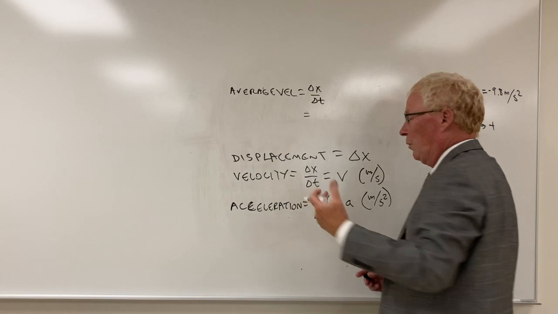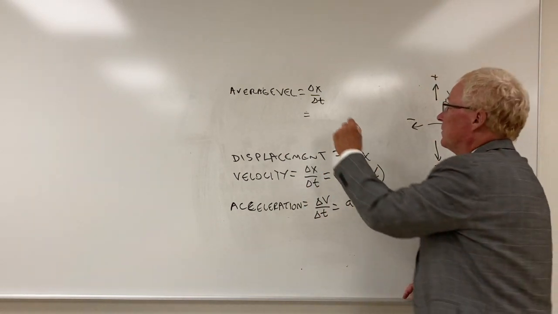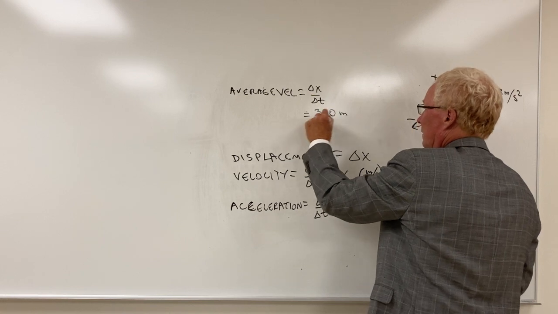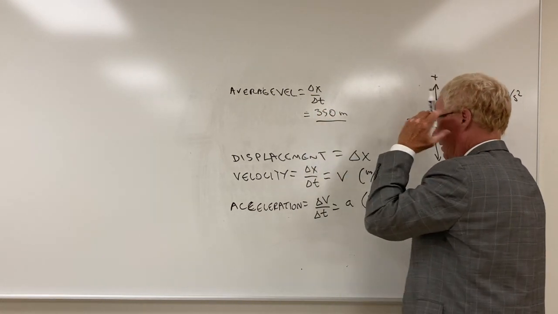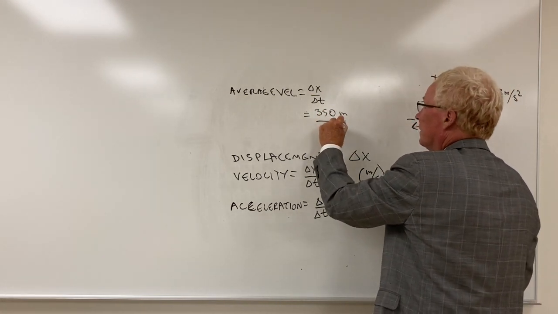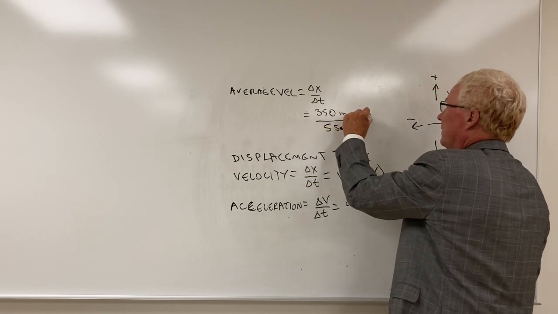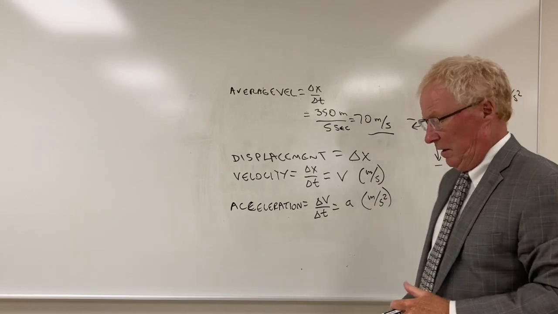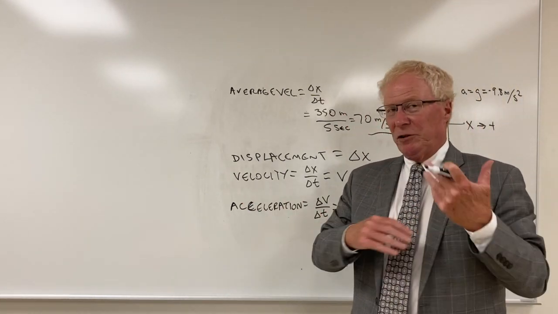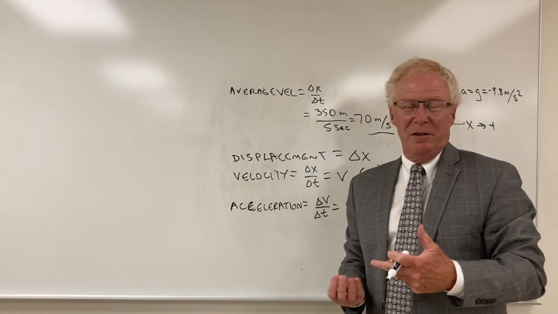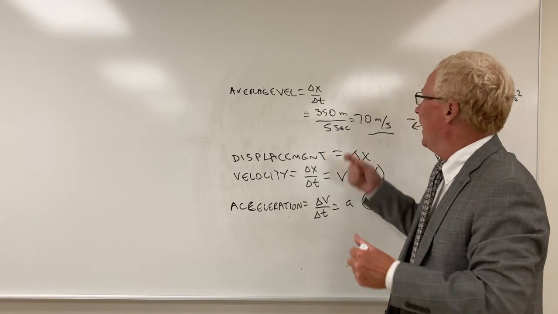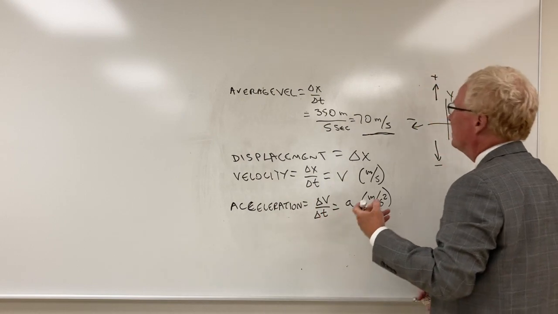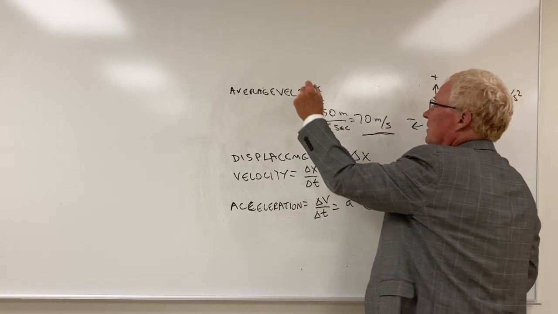So as an example, if we go, say, 350 meters in 5 seconds, our average velocity is 70 meters per second. Now, could be we're actually going faster and slower over the period of time, but the average is 70 meters per second.